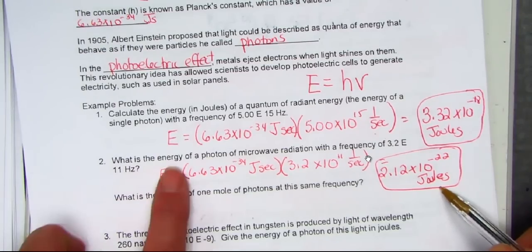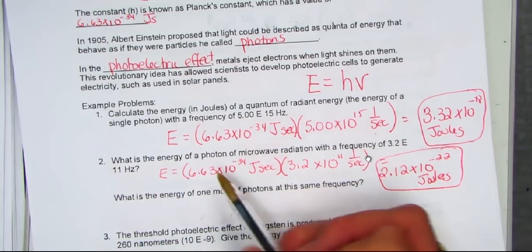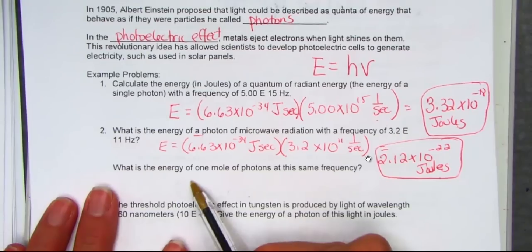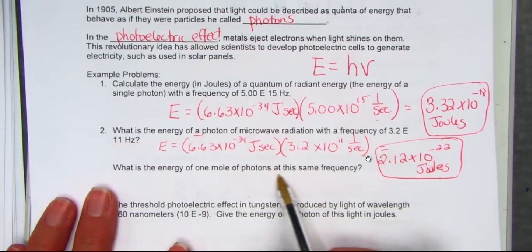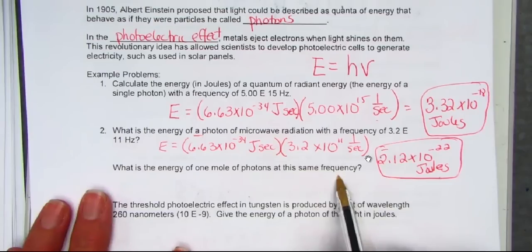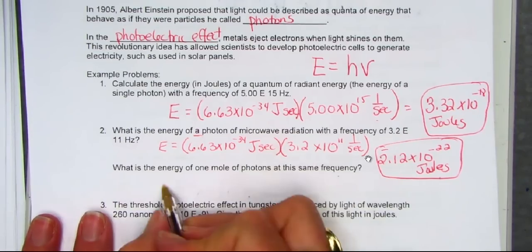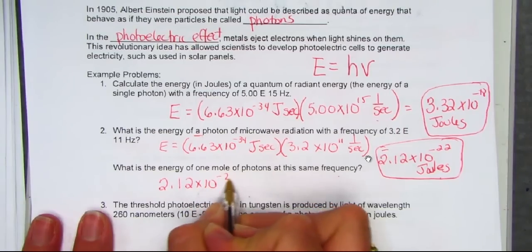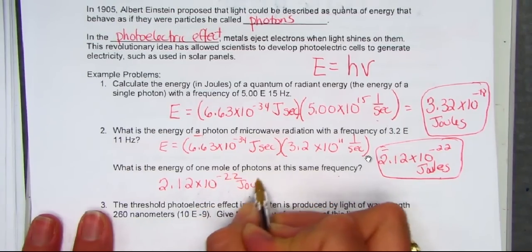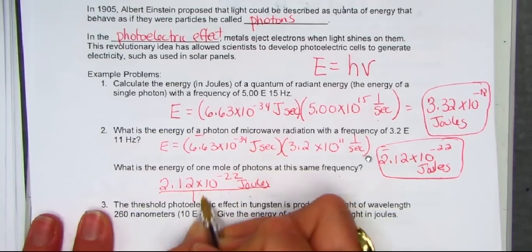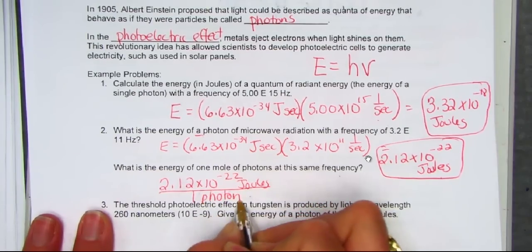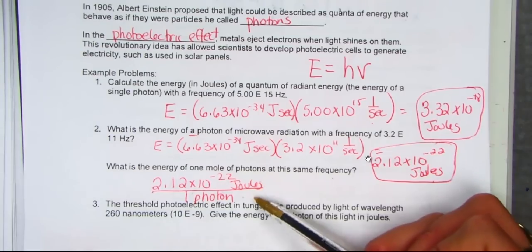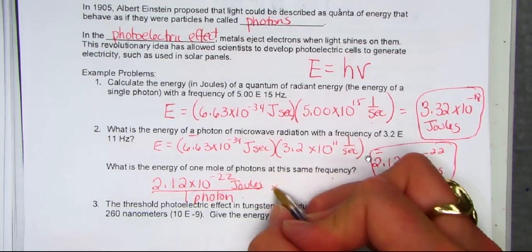If that's the energy of a single photon, what is the energy of 1 mole of photons at this same frequency? Well, the energy of a single photon can be represented by the following ratio, the number of joules of energy for every 1 photon.